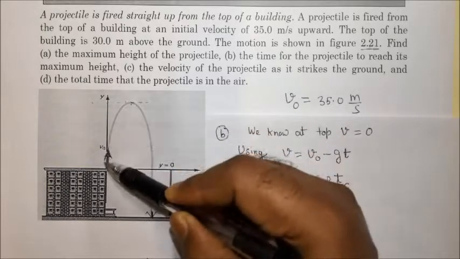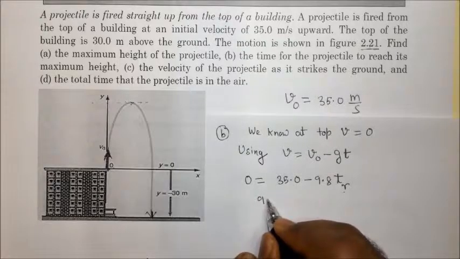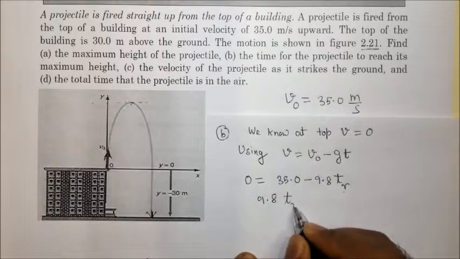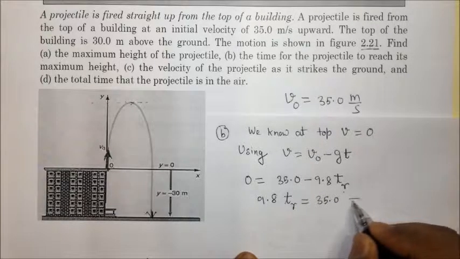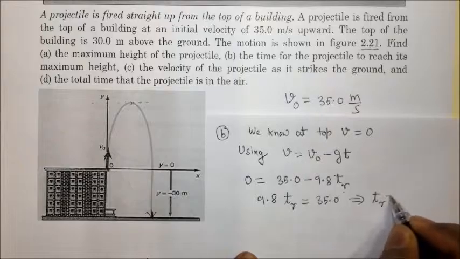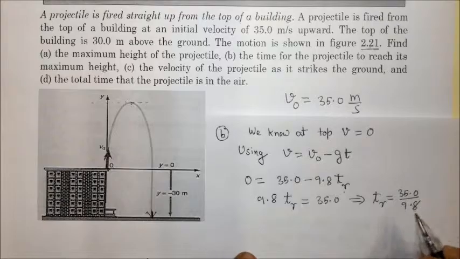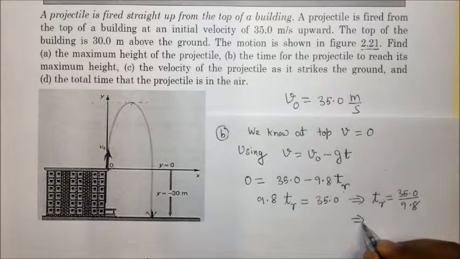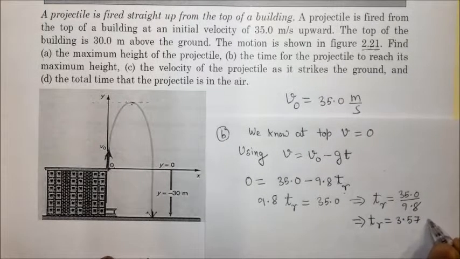From here to here, that's the rise time. So 9.8 T rise is equal to 35.0. This gives you T rise is equal to 35.0 over 9.8, and T rise will be 3.57 second.